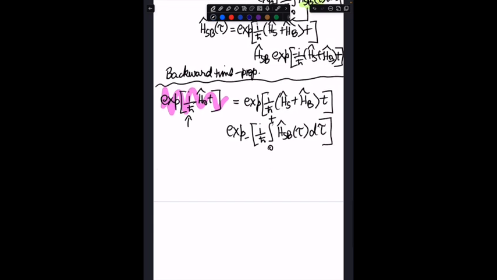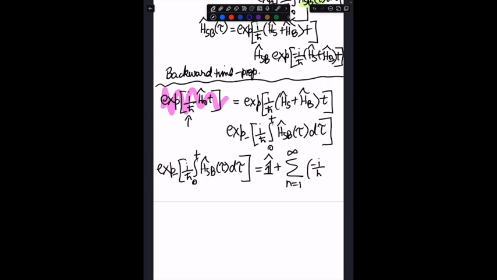So this negative time ordered exponential, to remind you guys, has the following structure. 0 to t Hsb tau d tau can be written as the identity operator plus sum over n from 1 to infinity.